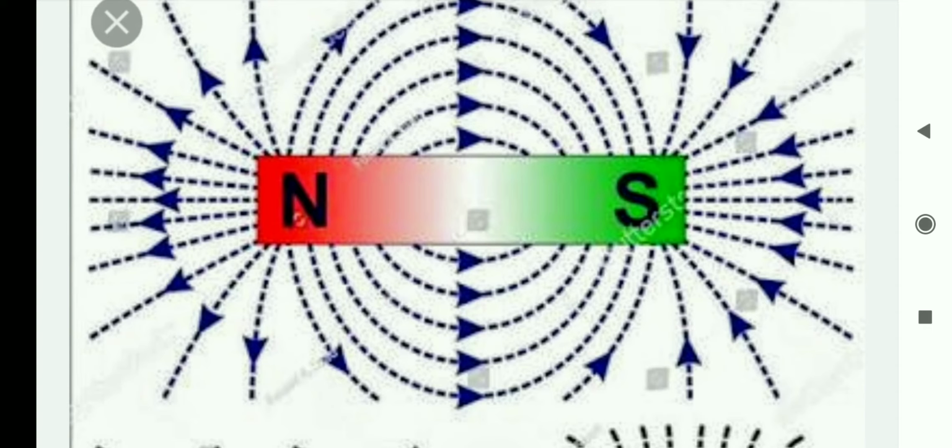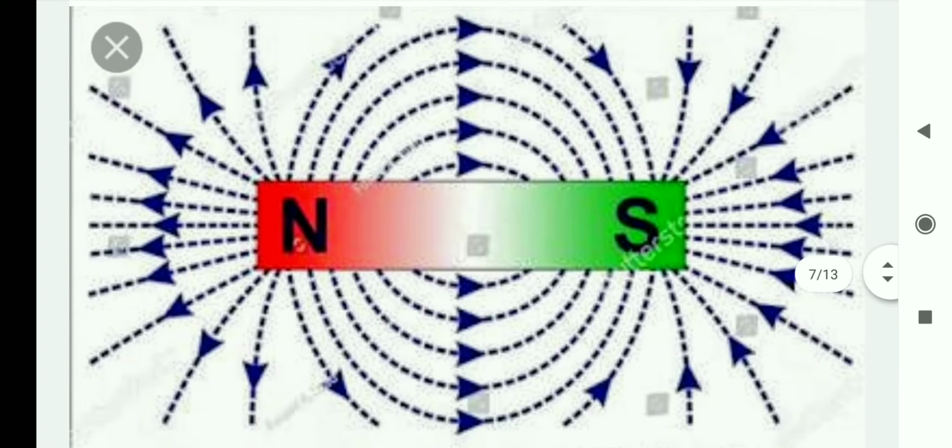Exactly between the north and south pole, on the bisector line, the field lines are parallel to the magnet. At any point, the direction of the field is the direction in which the magnetic lines of force are moving. If you draw the tangent on the magnetic line of force, that gives the direction of the magnetic field.